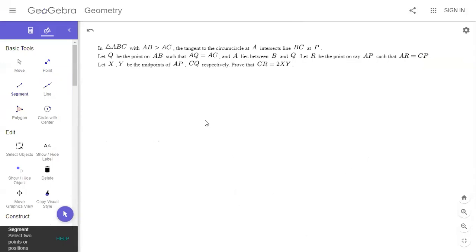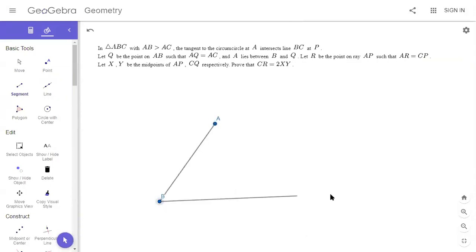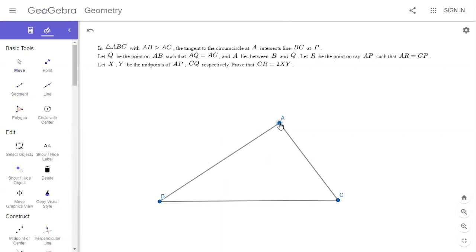So we have triangle ABC. AB is greater than AC.